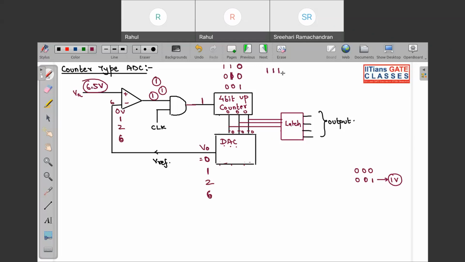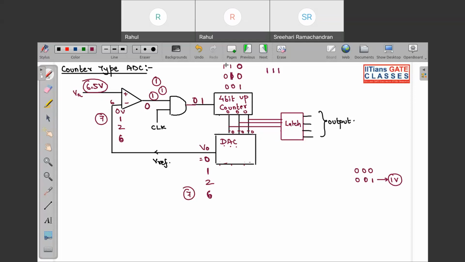But for 111, this DAC will produce 7 volt, and when this 7 volt comes over here, 7 in the inverting terminal and your 6.5 in the non-inverting, this will generate 0. The moment this is 0, the output of this gate will be 0 and this counter will stop counting. Basically we have a latch over here, and this latch stores the present state.